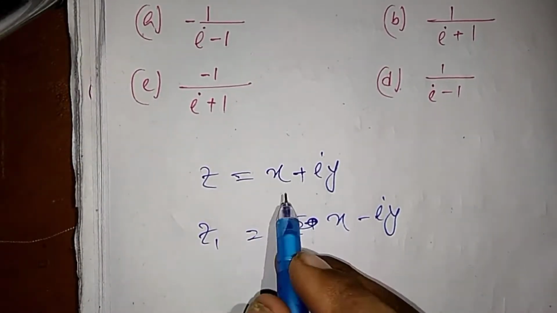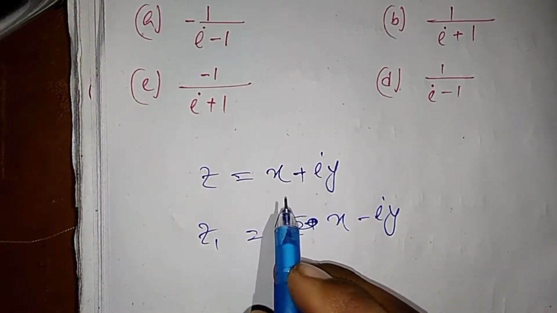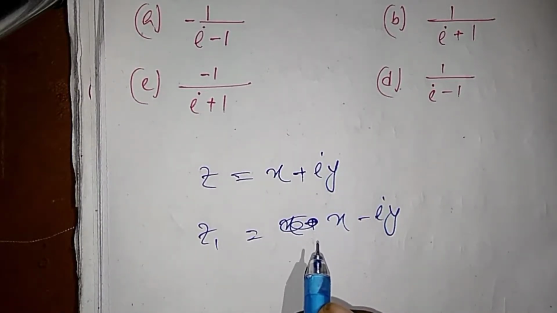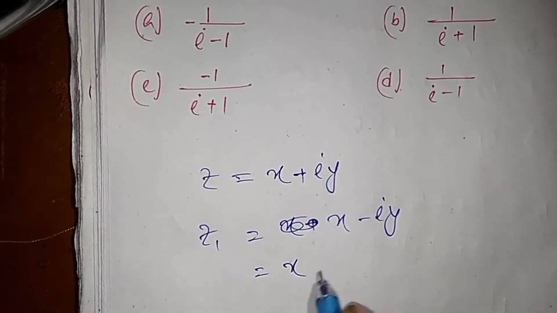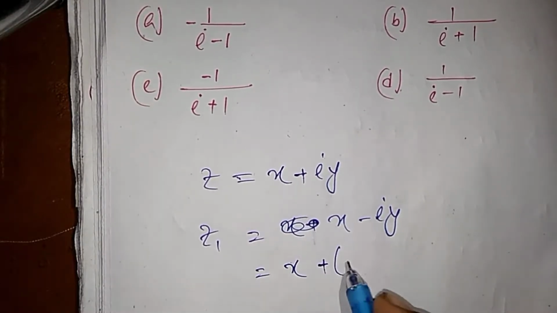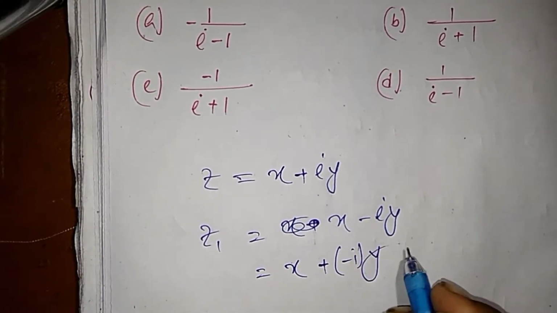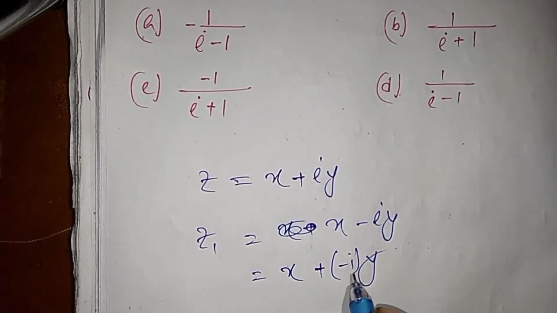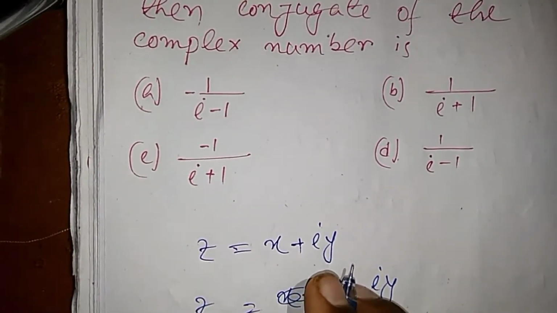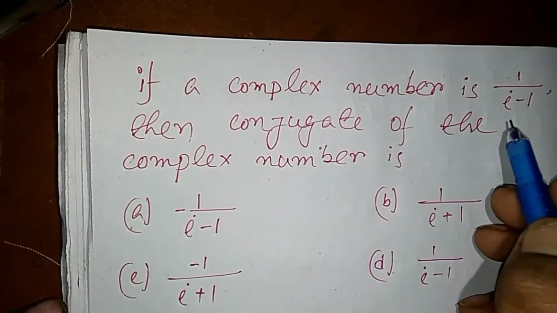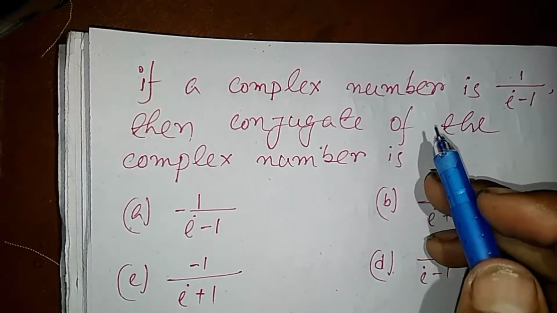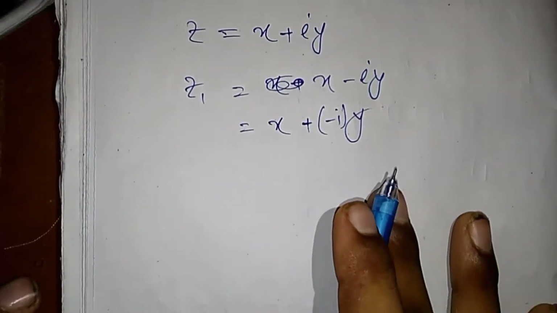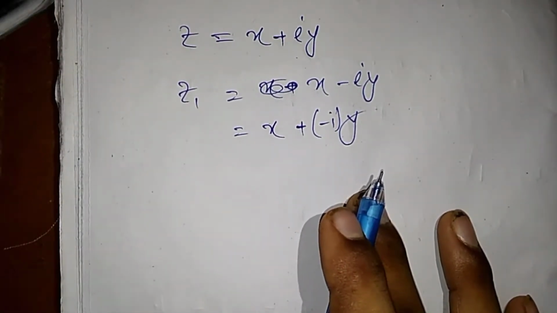So that means in the conjugate, i becomes minus i. Equally, in this complex number i becomes minus i. If we go the normal way, then it takes huge time.